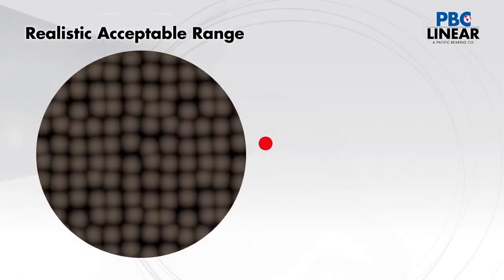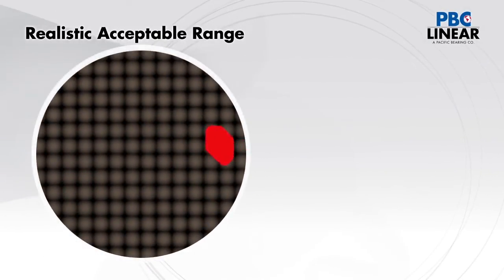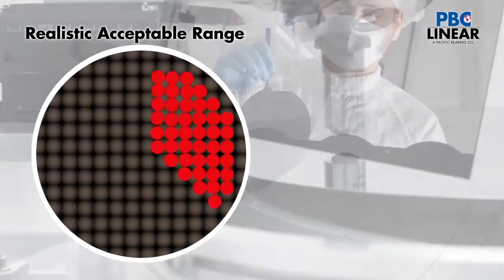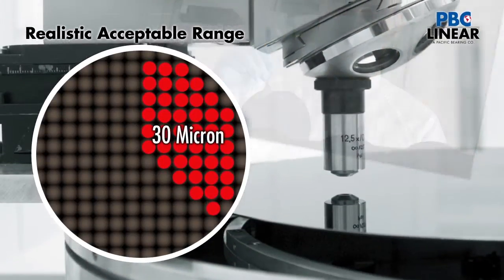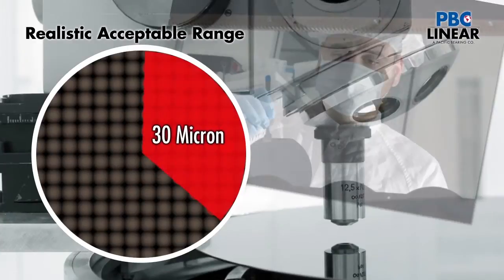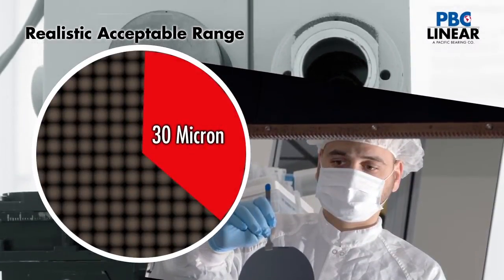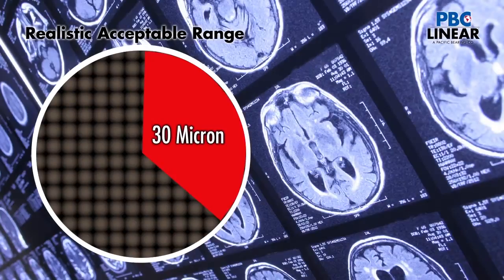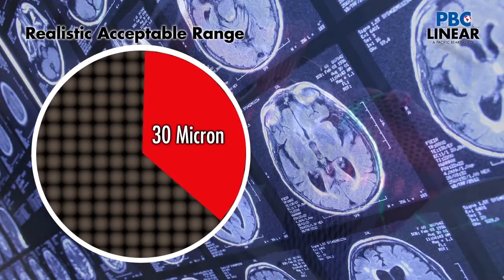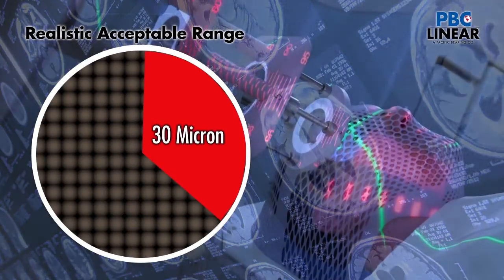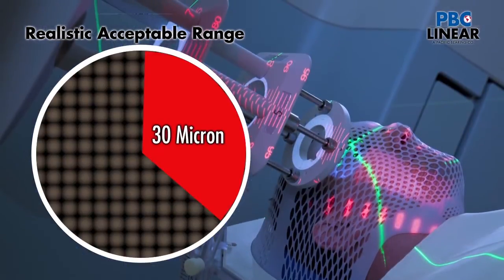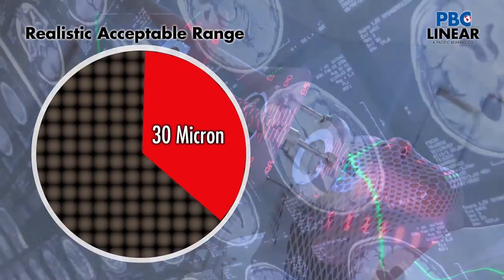The actual width of a micron is like dividing that hair 90 times. In other words, a range of 30 microns would be approximately 1/3 of a human hair. While there are some places in the semiconductor or other ultra-precision fields that require micron positioning, for most applications there's no need to split hairs over microns.